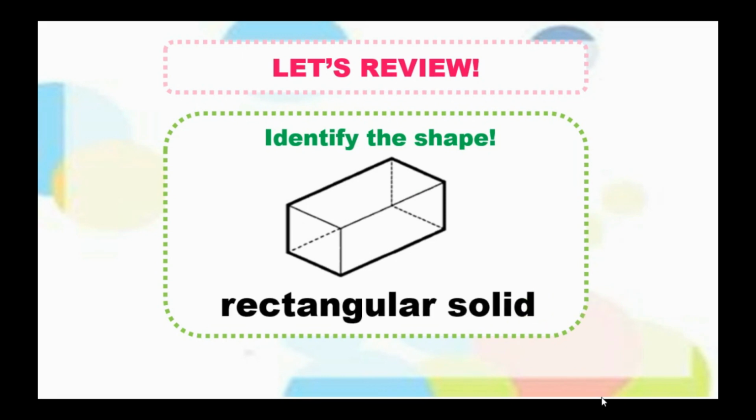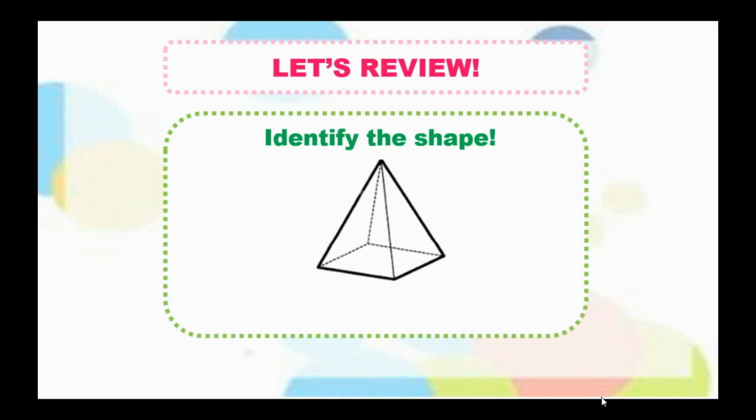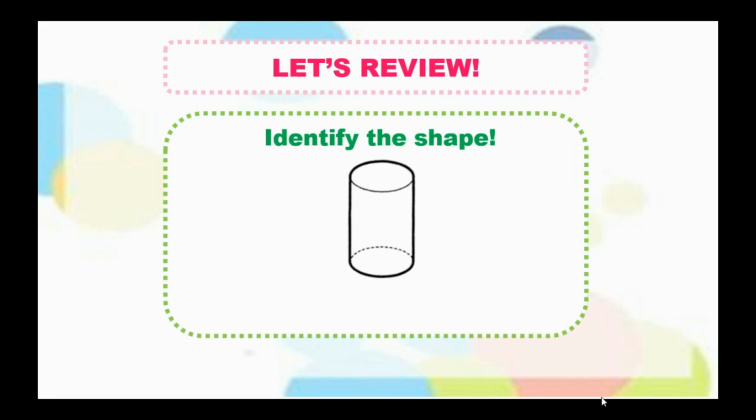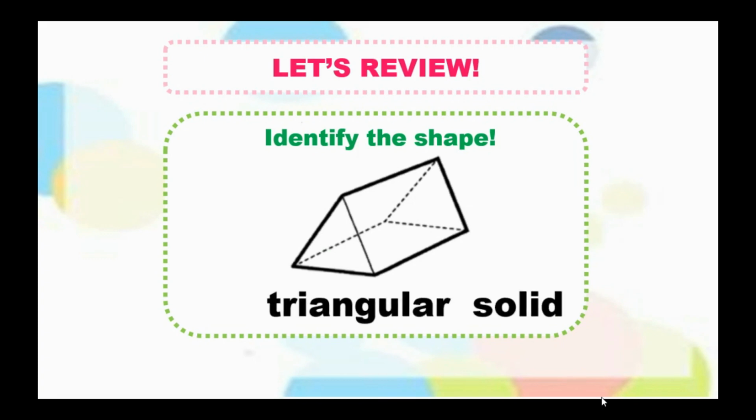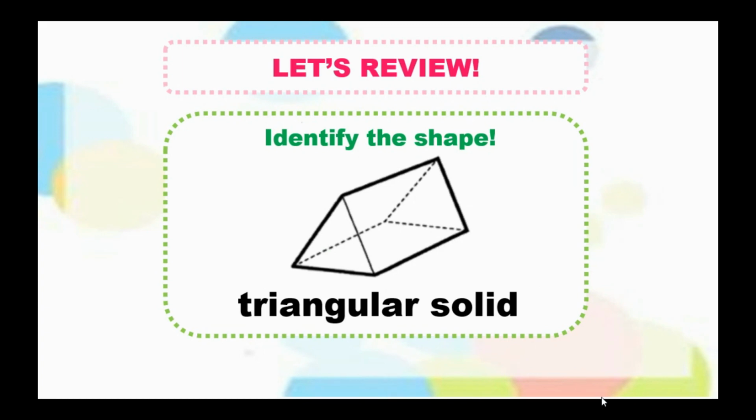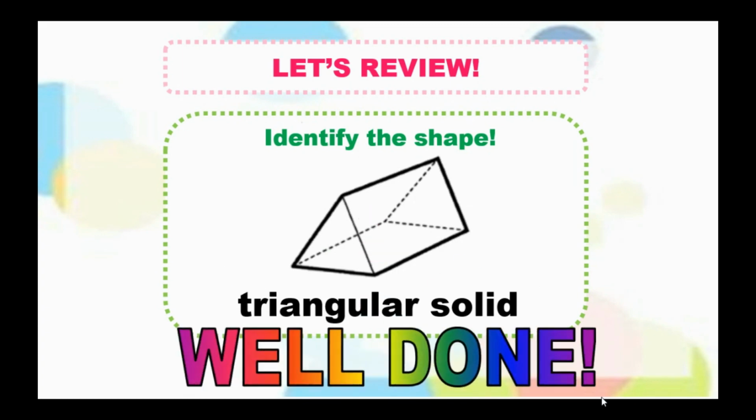Correct. Rectangular solid. And this? Pyramid. How about this? Yes, cylinder. And then, how about the shape that looks like the Toblerone chocolate? Yes, triangular solid. Well done, kids!